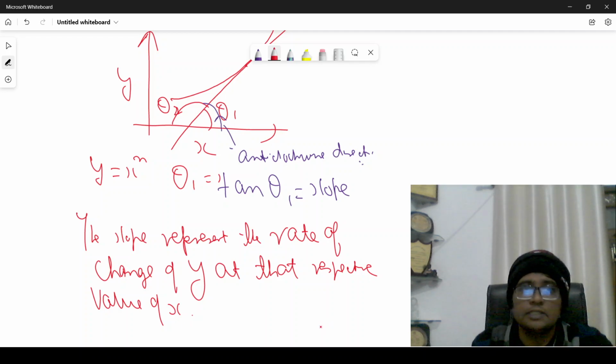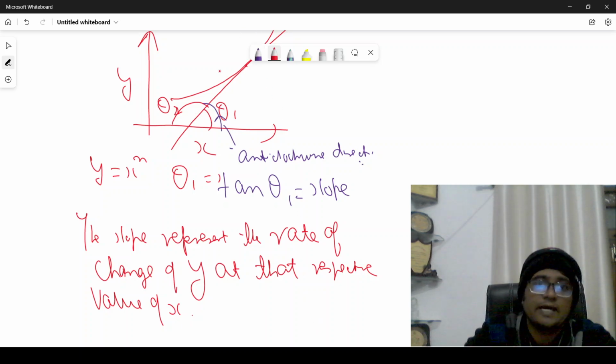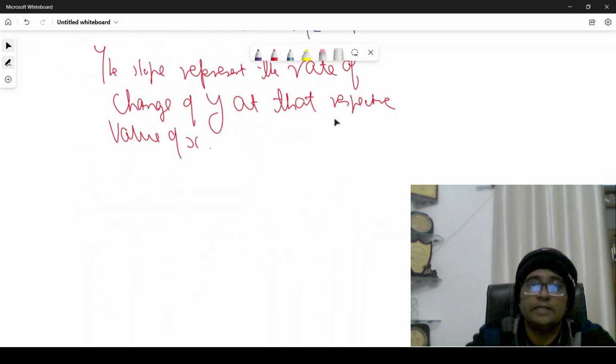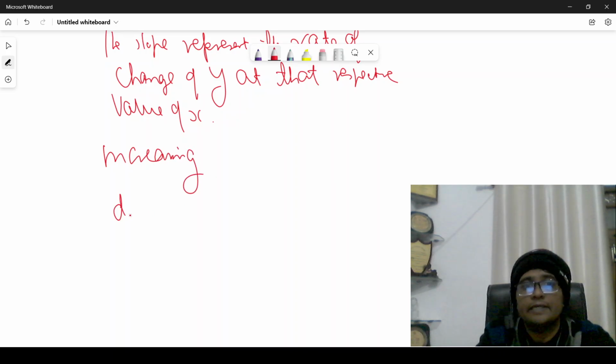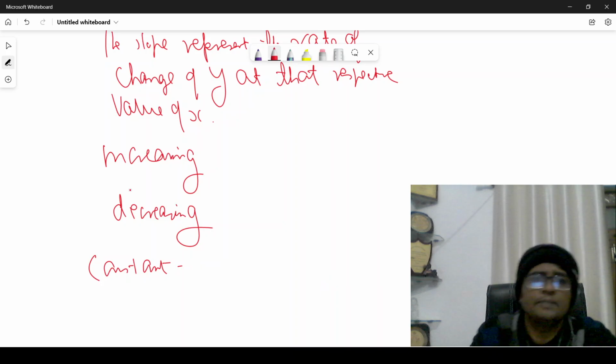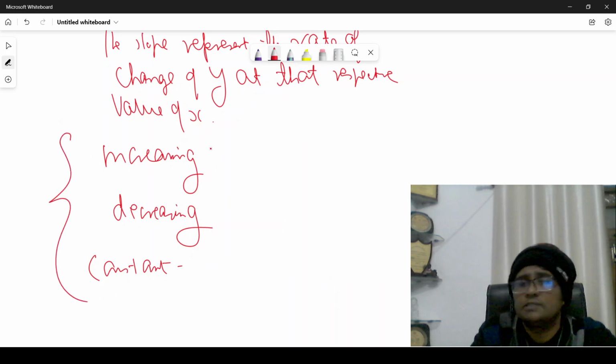On putting the value of x you will get the value of y, but what is the rate of change of y with respect to x? Is it increasing, is it decreasing, or is it constant? What is happening to the rate of change of y with respect to x?